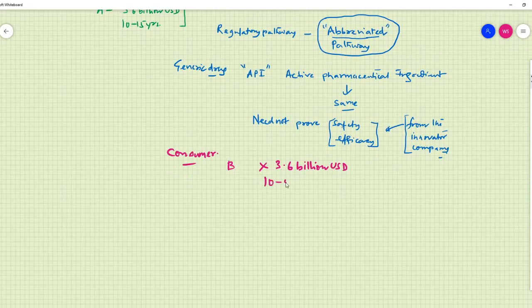They don't take 10 to 15 years to produce a drug. Okay. So as a result, because the investment by the company is less, they can afford to price the drug lower.